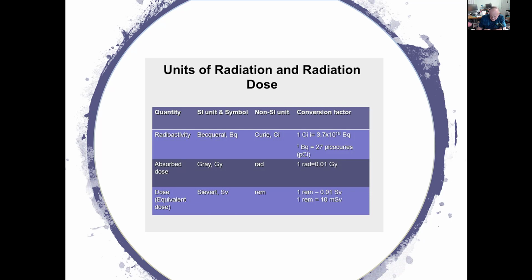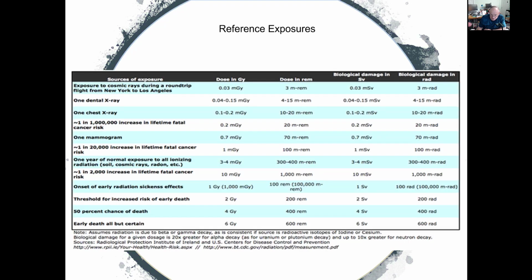It's confusing, so I stay on the Grays. I focus on that, and then from the Gray you can convert around. Just to know, exposure to cosmic rays during a round-trip flight on an aircraft is about 0.03 milligrays, and then you can see what the doses are in the other units. But I focus on Grays.